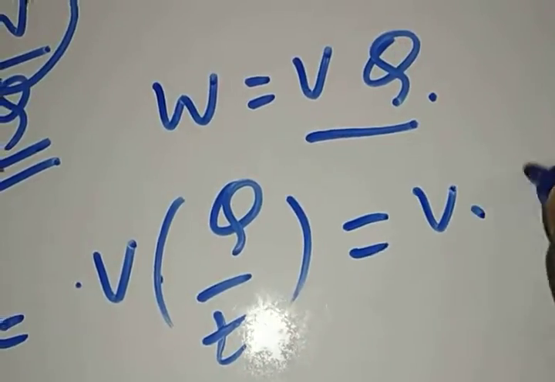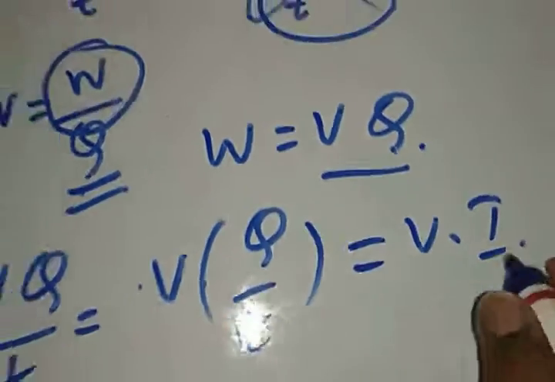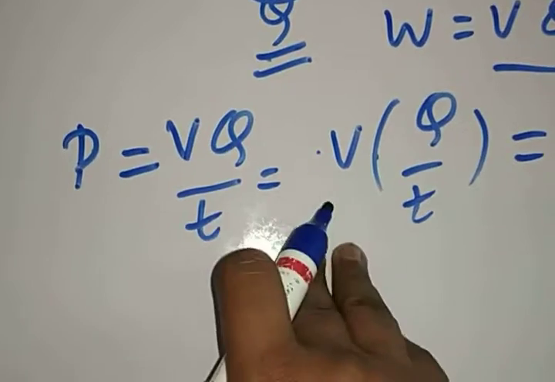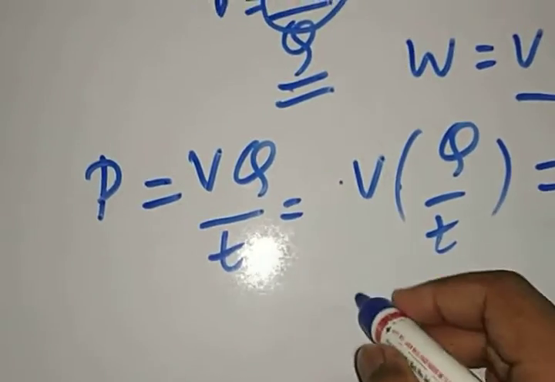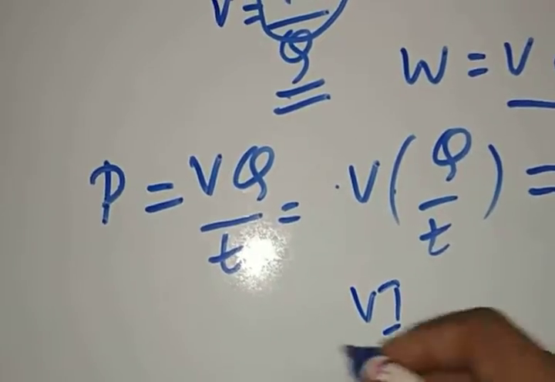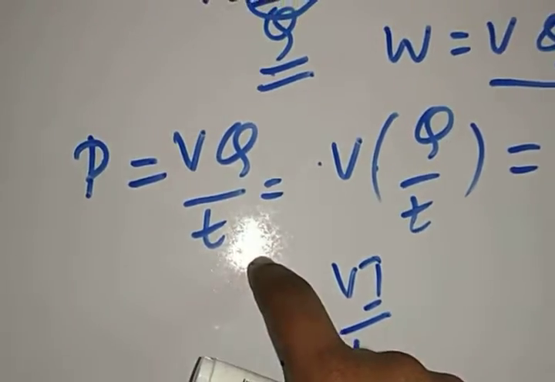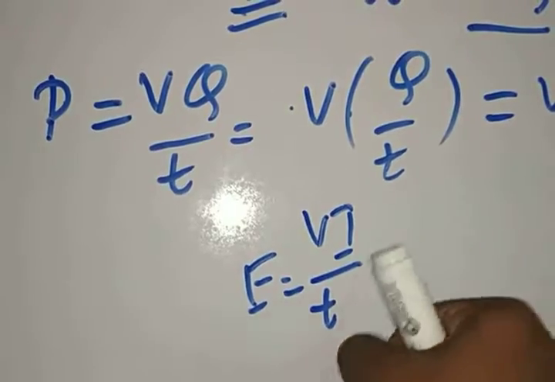So it will be VI. And the energy that is used by that appliance or the resistor is VI times T. It's the energy used by the appliance.